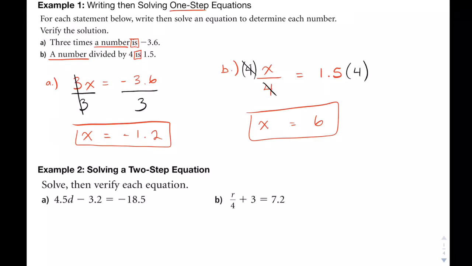A couple things to remember: a number usually is represented by a variable, and the word "is" is the equal sign. And remember, opposites. If you're multiplying on one side, you want to divide in order to get rid of that number to isolate x. But if you're dividing x by a certain number, then you need to multiply. So think opposites.